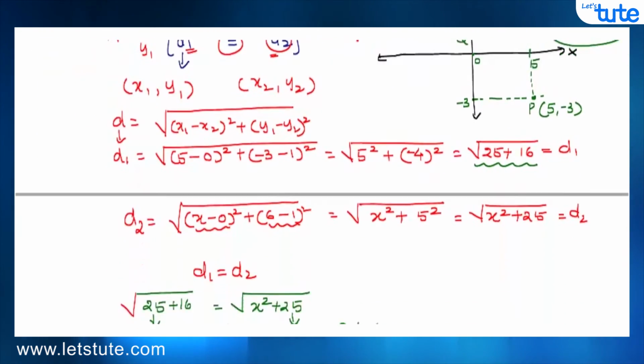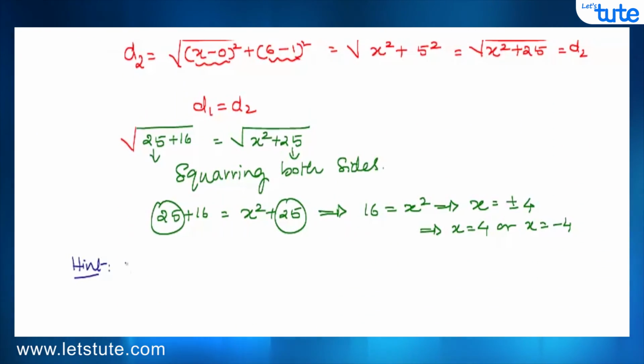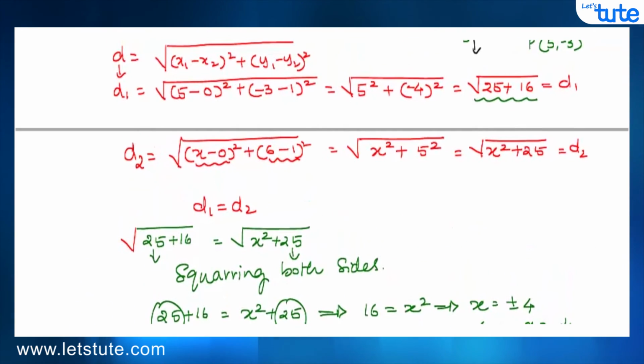Let's go down. Let us check our first value, that is x equals 4. As we know, D1 equals D2. Let's go up a bit. Okay, from here we can see that D1 is 25 plus 16, that is 41. So D1 is square root of 41. Okay, and in D2, if we put x equals 4, what we will get?